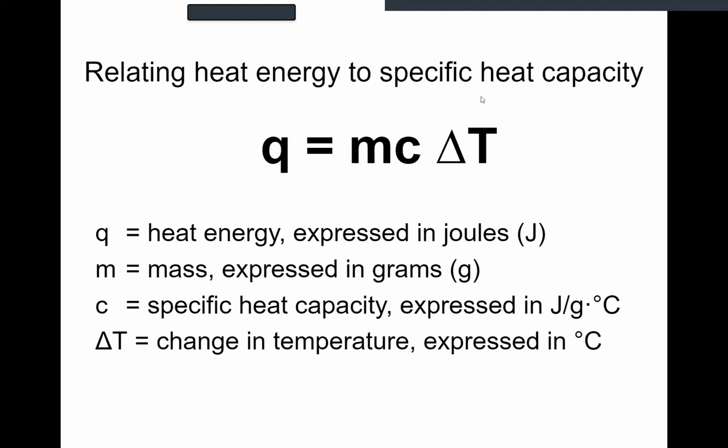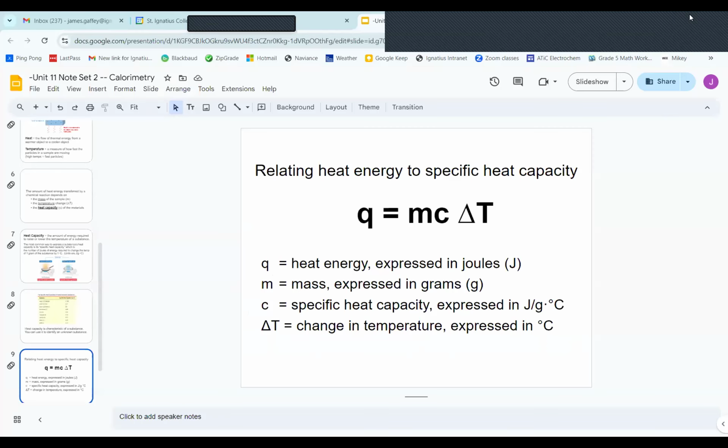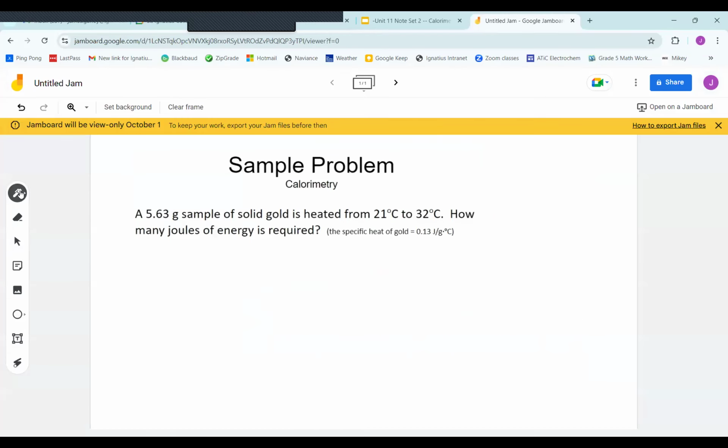Let's move over to our Jamboard and tackle a problem together. We're going to use this equation, Q equals MC delta T. A 5.63 gram sample of solid gold is heated from 21 degrees Celsius to 32 degrees Celsius.